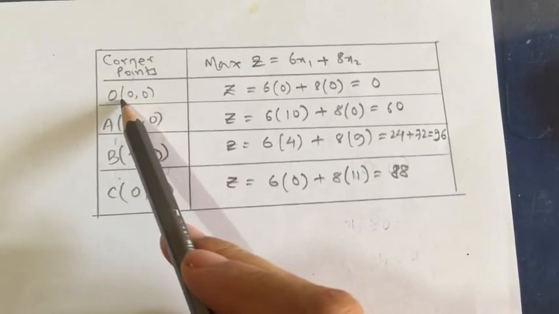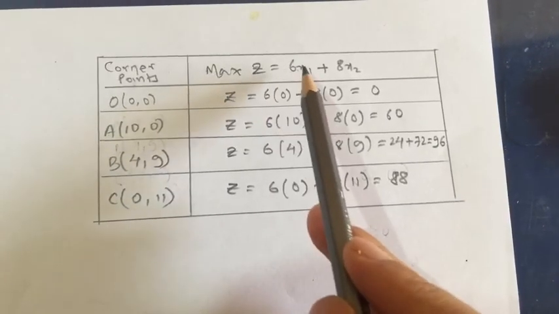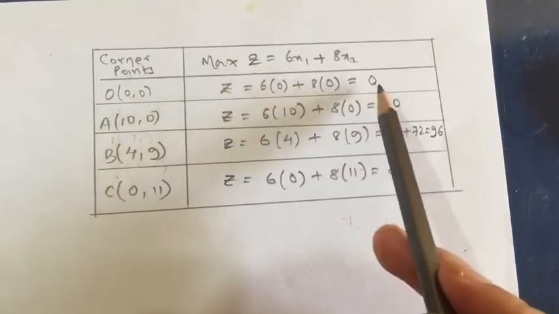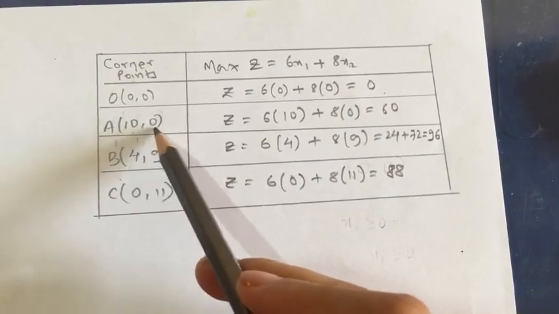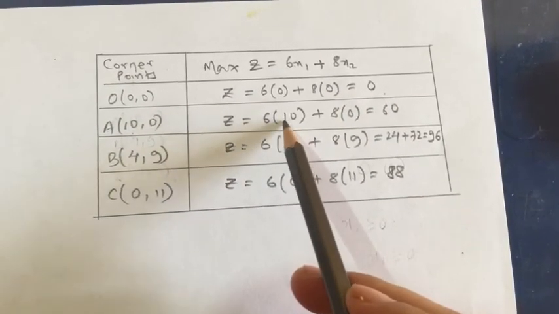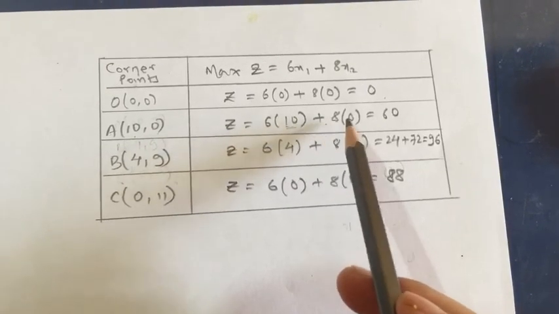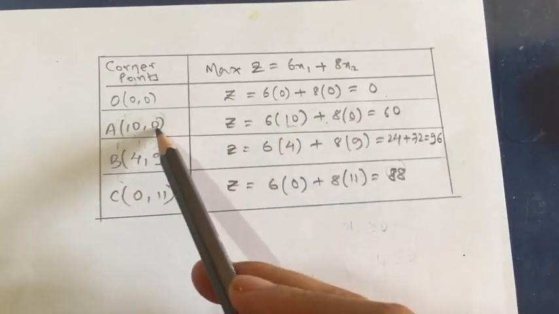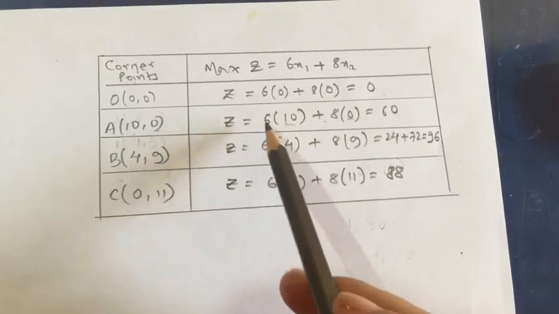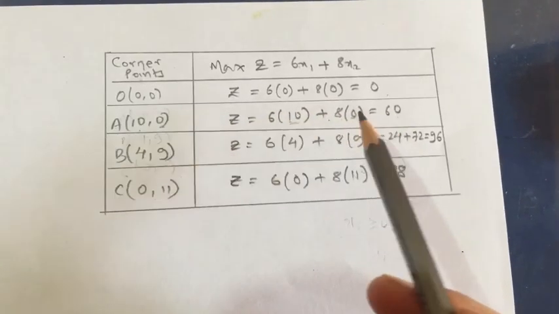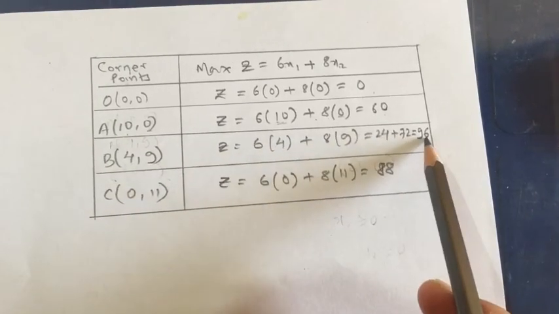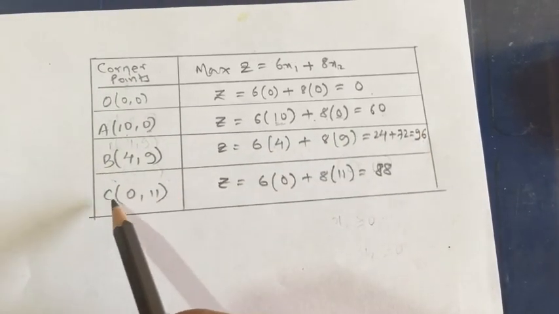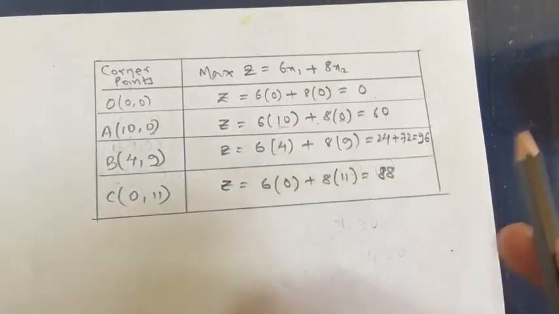For the origin 0, 0, if you put x1, x2 as 0, 0, you will get 0. For A, 10 comma 0, 6 times 10 plus 8 times 0, you will get 60. Similarly for B you will get 96, and for C you will get 88.